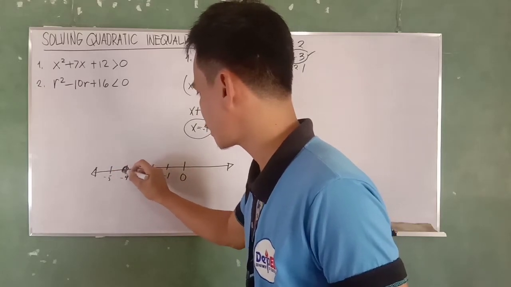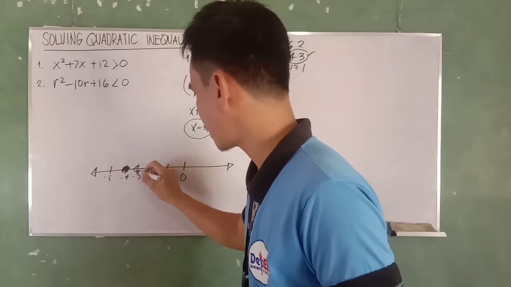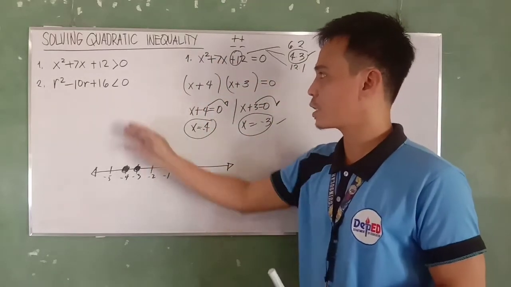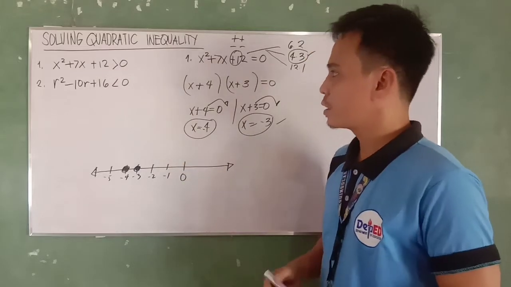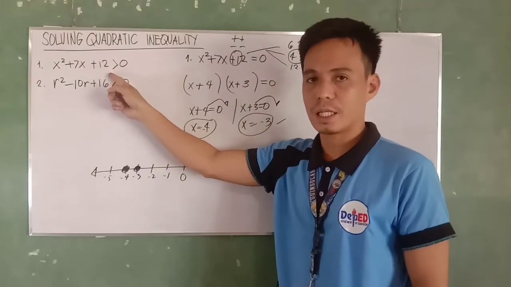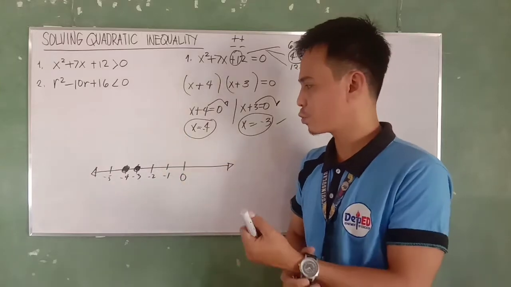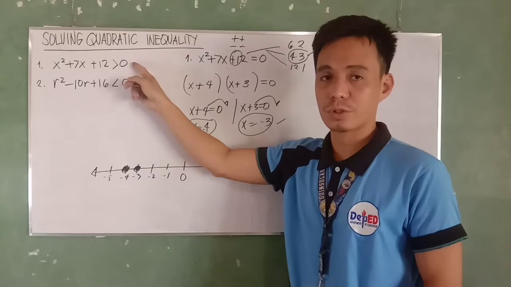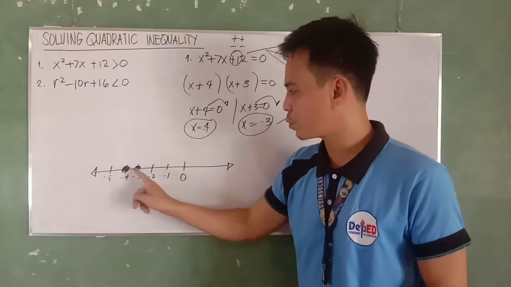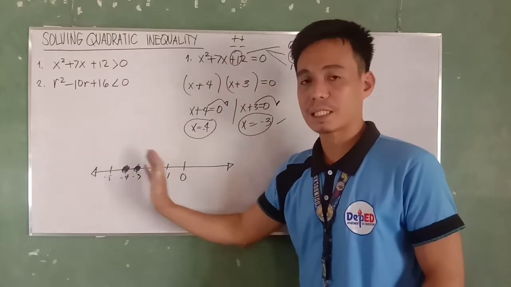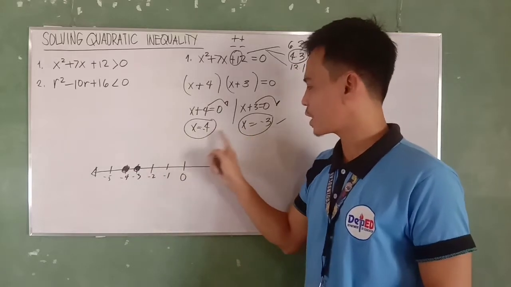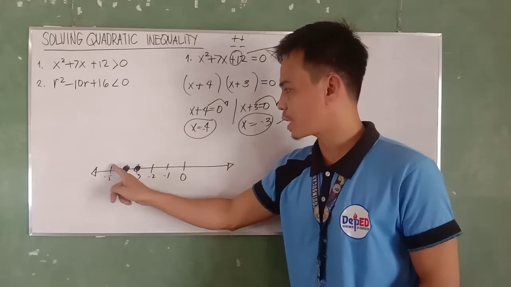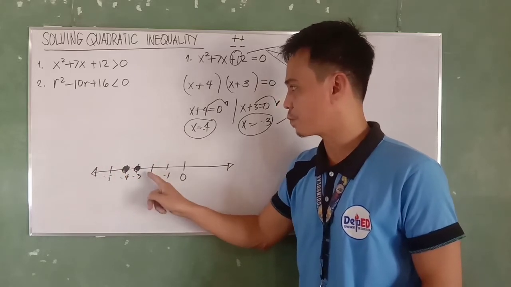Our answers are in here, negative 4 and negative 3. Since we want to know the solution set, we will use the original inequality to test our values. We take numbers on both sides of our roots, negative 4 and negative 3. We will use negative 5 and negative 2.